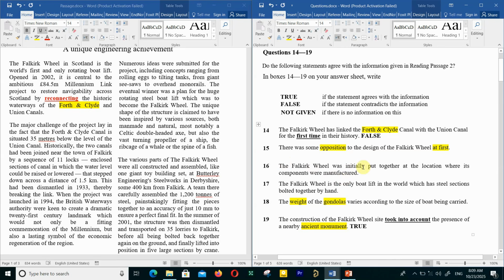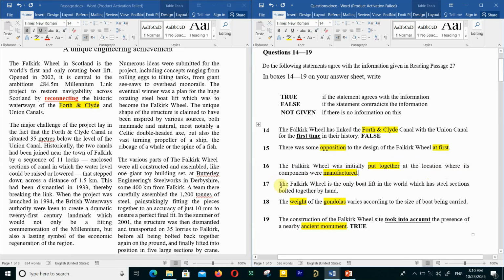The Falkirk Wheel was initially put together at the location where its components were manufactured. Put together means assembled at the location where its components were manufactured.